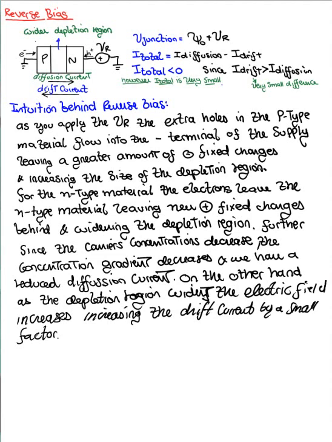So here's an interesting question. If there are fewer carriers, what is drifting across the reverse-biased PN junction? What is moving across if we have fewer carriers? It doesn't make any sense, right? So let's write that question down because it's very important.